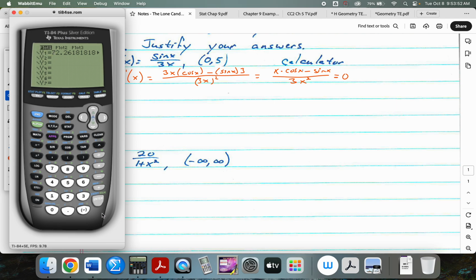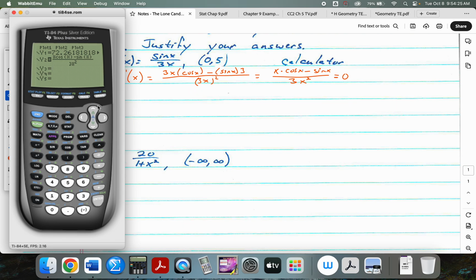Turn all my stat plots that I'm using today off. So x cosine x. Be sure to close the parenthesis at the end of that. Minus sine of x over 3x squared. And we want this on the interval from 0 to 5.